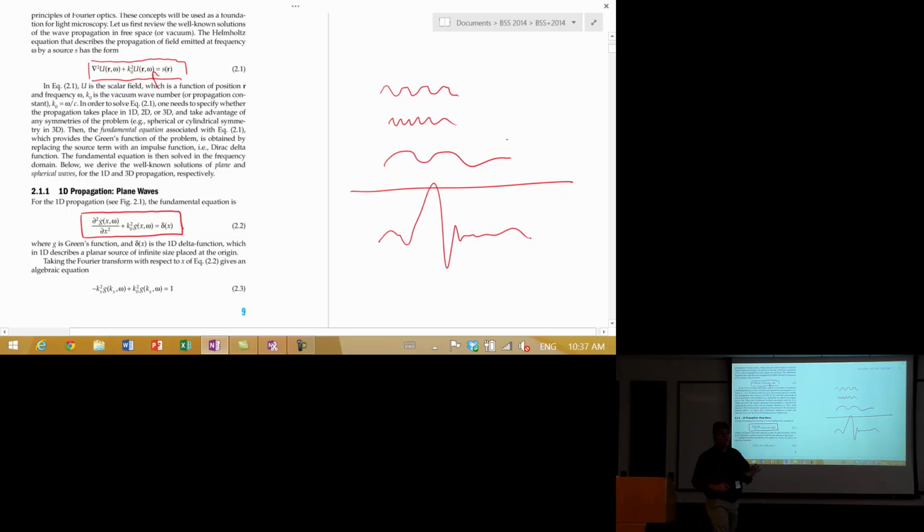So any signal, it turns out, can be decomposed into sinusoids like this, of various amplitudes, frequencies, or periods, and phases.